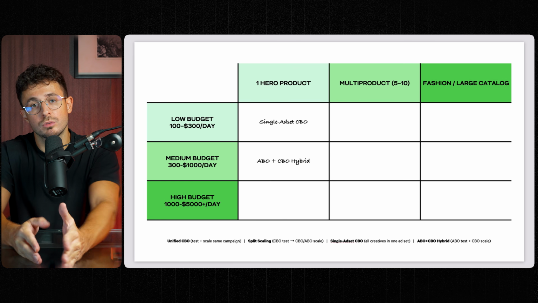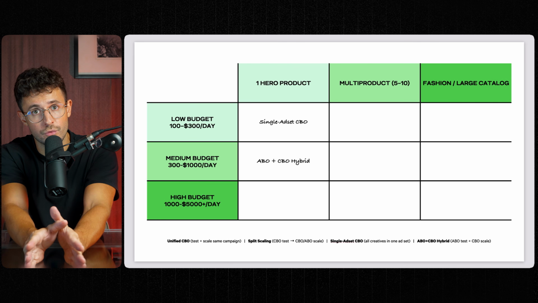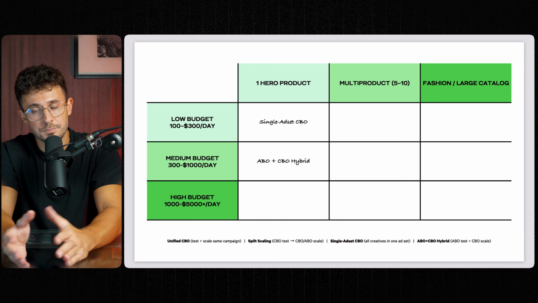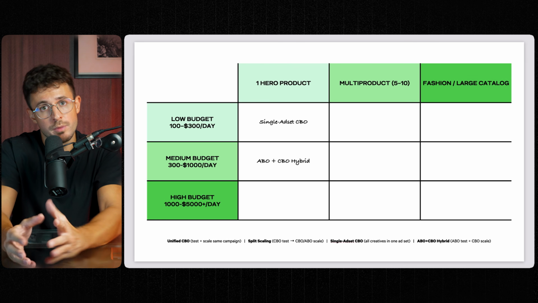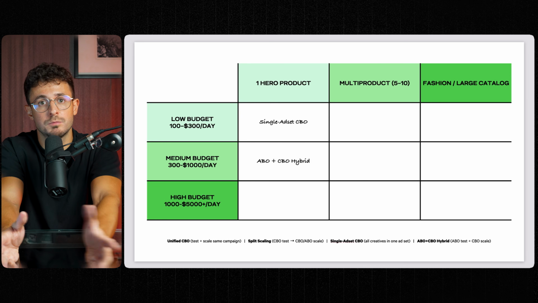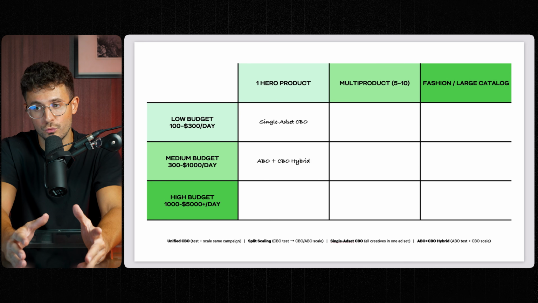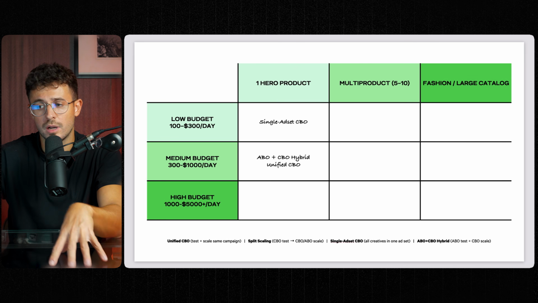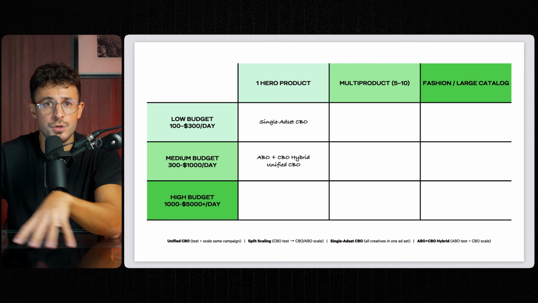Why? Because you might need to test different things here, like for instance different offers, and so you might need to split manually. You might need to start splitting things, but you don't want to start splitting by campaigns yet, otherwise it might be too confusing. Another thing that you can do here, if you don't have to test different offers, if it's still going to be one product, is just have the unified CBO.